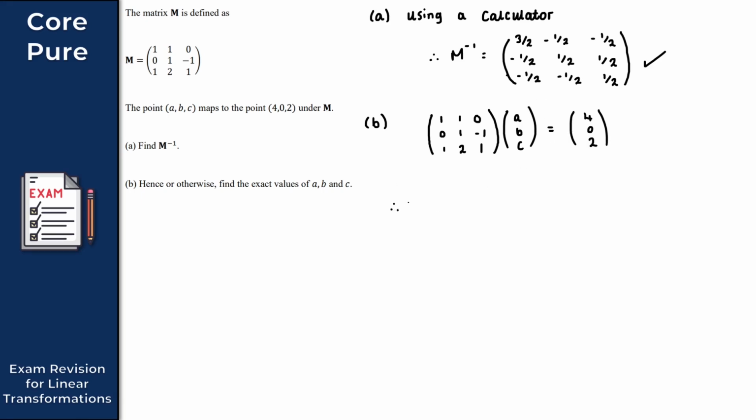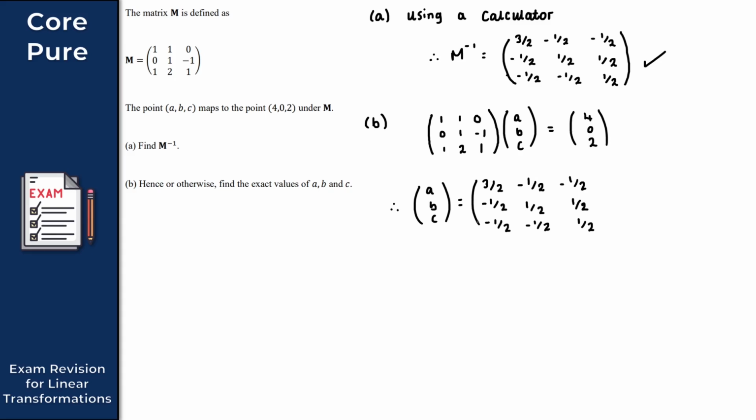So therefore, A, B, C is equal to the inverse of M, so that's this matrix here, times by 4, 0, 2, and that would give us A, B, C. So what I've got here is 3 over 2, -1 over 2, -1 over 2 again, -1 over 2 again, 1 over 2, 1 over 2 again, -1 over 2, -1 over 2 again, and then finally 1 over 2.